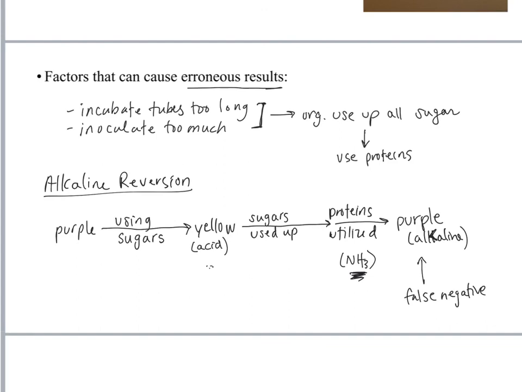That won't happen here. We'll take your tubes out after a day or two, and if they're purple, you're going to say, oh, the organism is not fermenting that sugar. If it's yellow, then yes, the organism is. Okay, but you just need to be aware that alkaline reversion can happen if you are not paying attention.